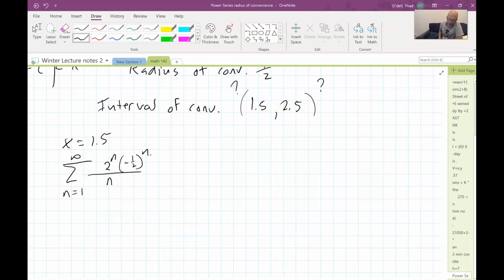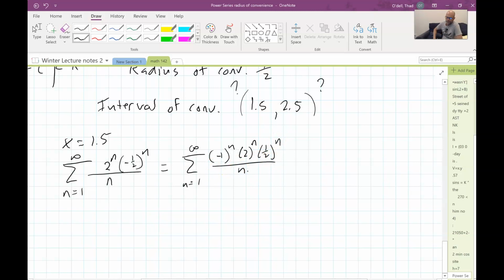So we have to evaluate whether this series converges or not. This looks like maybe an alternating series test. Let's play around with it a little bit. n running from 1 to infinity. If we pull out a negative 1 from there, that'd be negative 1 to the n, pulling out n negative 1s. That would leave me with 2 to the n times 1/2 to the n all over n.